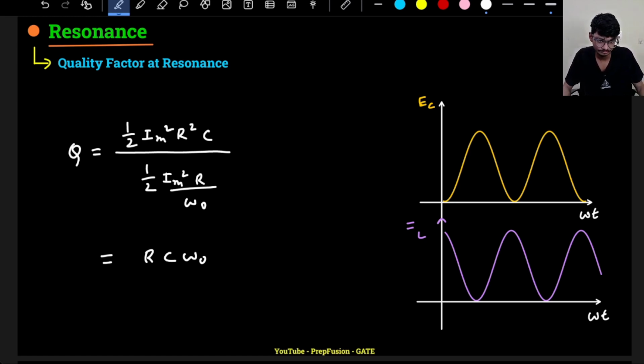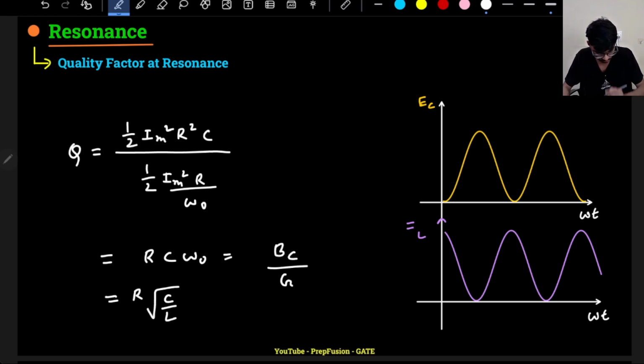This can be changed like this: what is omega naught? 1 by under root LC. So this will be R under root C by L. Or you can write this as YC, or BC by G. G is the conductance, right?